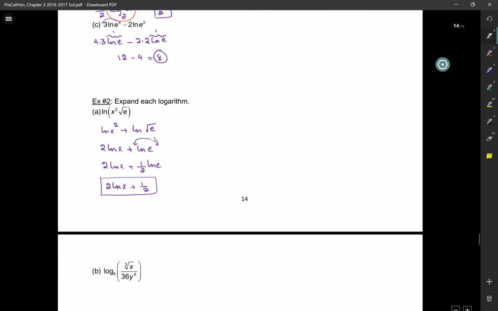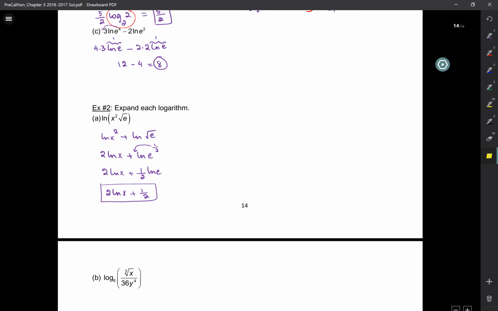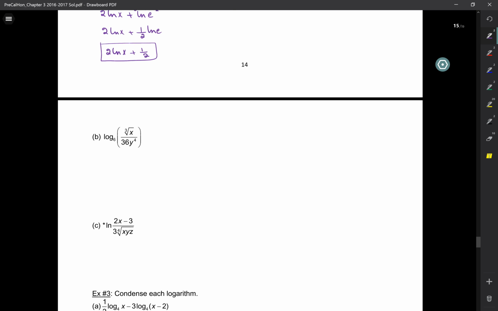All right, so now we're expanding this one. So remember, when you're told to expand, however many terms there are inside the argument of your ln, that's how many ln's or logs you're going to end up with. So here I have 2 terms, and I ended with 2 separate logarithms. I then simplify. So here, let's count how many elements we have.